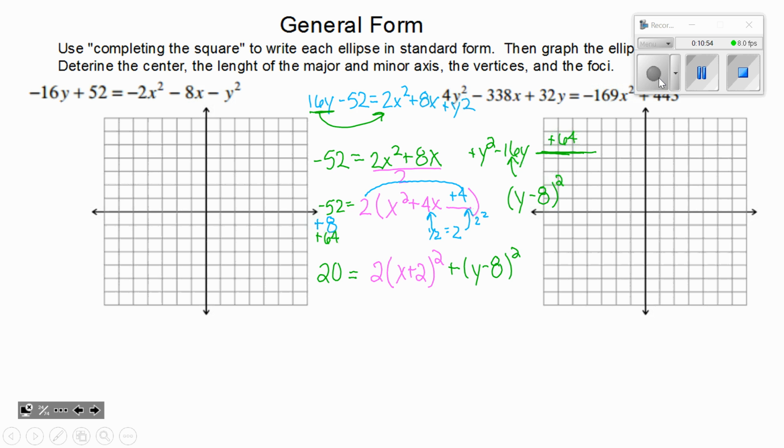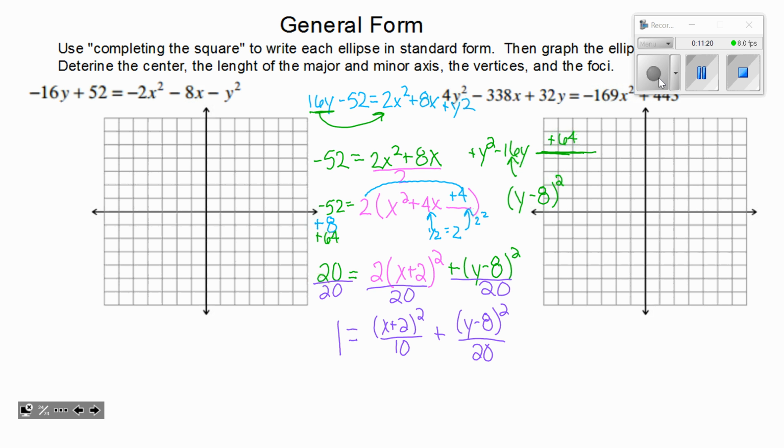Remember, the equation of an ellipse is where it equals 1. So essentially what I'm doing is dividing this 20 off of everything. So I get 1 equals, 2/20 is the same thing as 1/10. So it's going to be x plus 2 squared over 10 plus y minus 8 squared over 20.